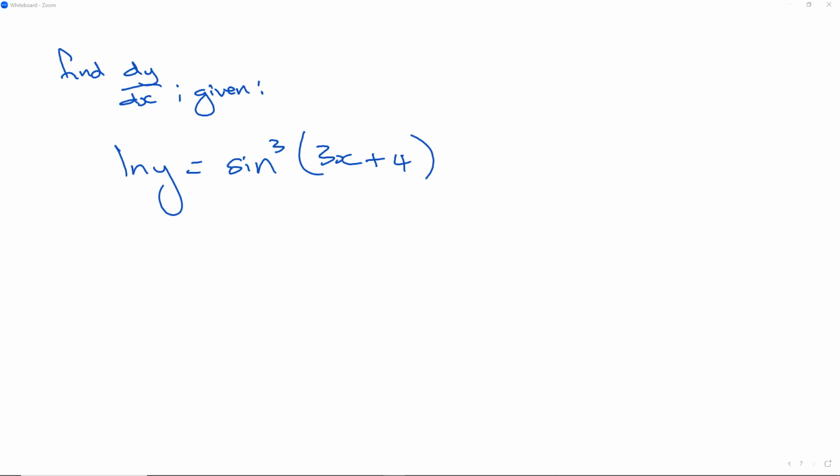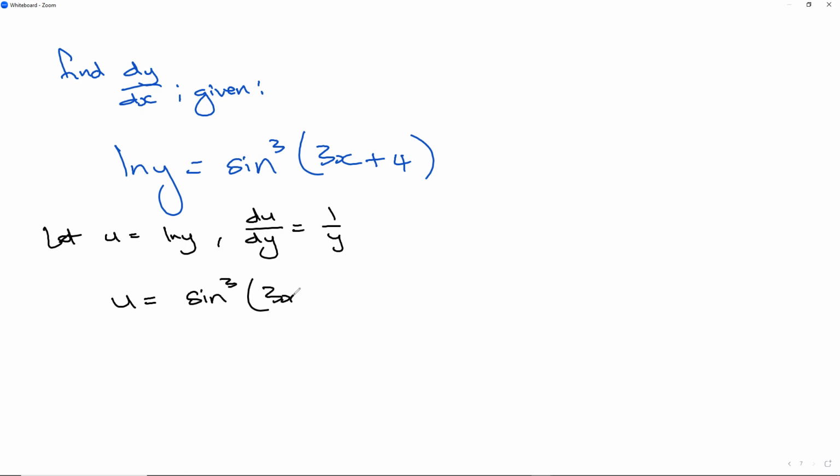When in doubt, we use the u method, right? We use the u method. So if I say let u equal ln y, then I know that du dy is going to equal 1 over y. And therefore, I'll end up with u equals sine cubed 3x plus 4.